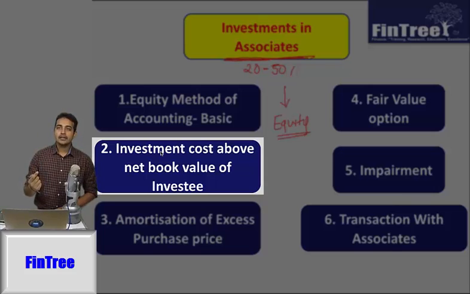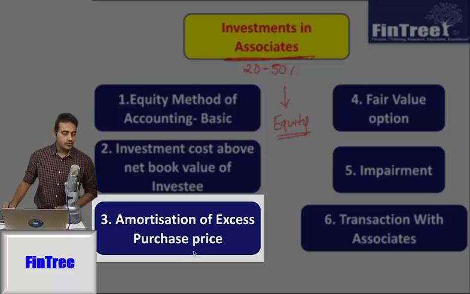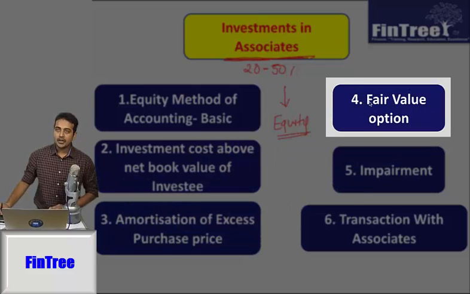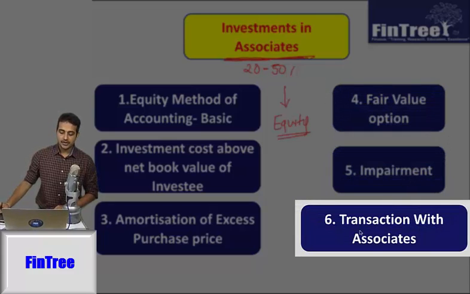You're acquiring, let us say, 30%. So ideally you should be paying 30. What if you pay 40? Then how do you do accounting for that additional 10? So this is the second component. Then what happens to that additional component? So we typically amortize, which is 0.3. Fair value option available in US GAAP, IFRS, impairment of these securities, and transaction with associates.